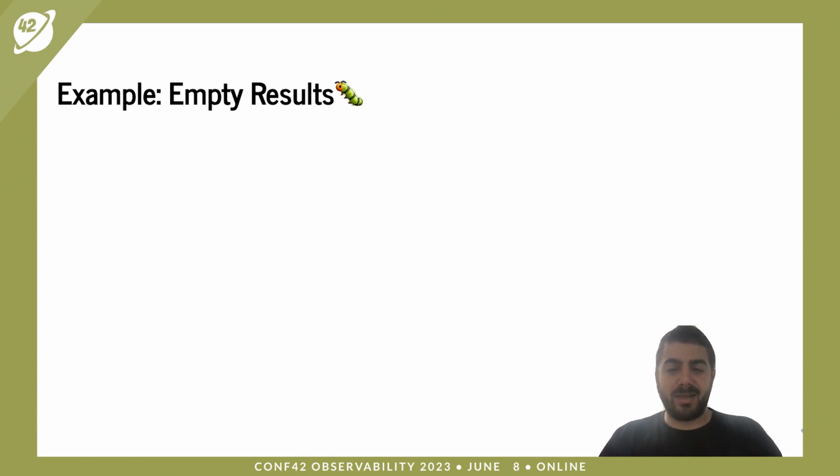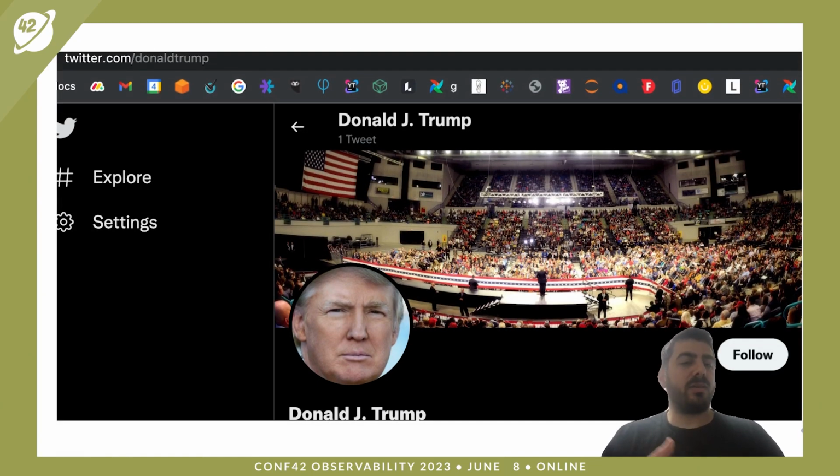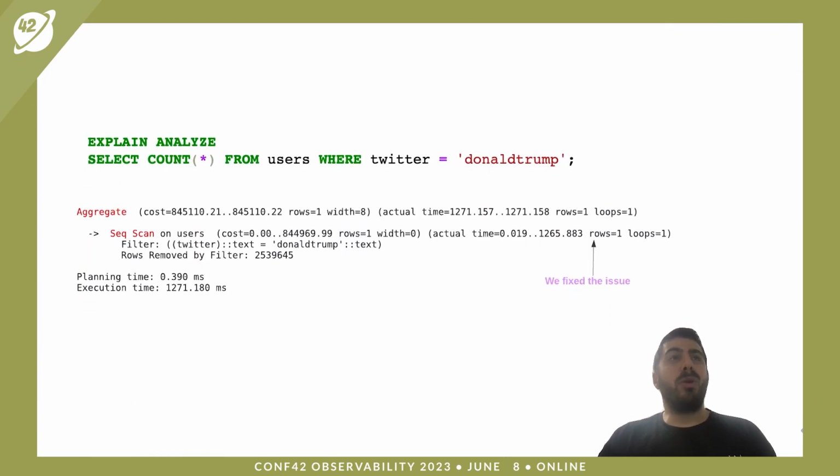And we can see that the number of rows returned here is 0, and it happened both on the aggregate and on the sequence scan, which means that it originated from a wrong filter. You can see here the number of rows that were filtered, and after we did our investigation, we understood that the Twitter handle is a bit different. So we went back, we fixed it, and we found the issue.